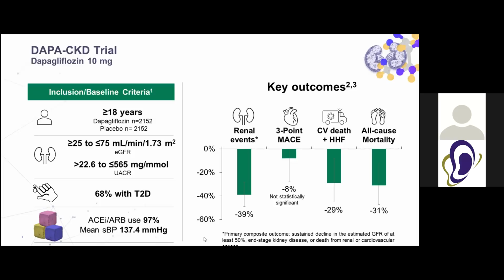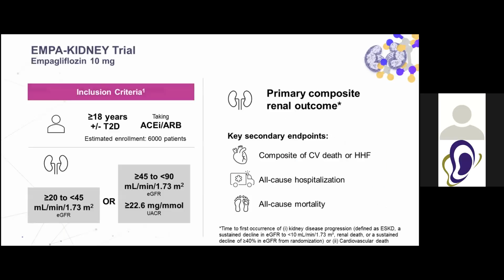In this study, importantly, renal events were reduced by 40%, 3-point MACE was not statistically significant, but cardiovascular death and hospitalized heart failure were importantly reduced by 30%, as was all-cause mortality. So two studies with similar but not identical outcomes and populations, but all with a kidney focus and both highly positive.